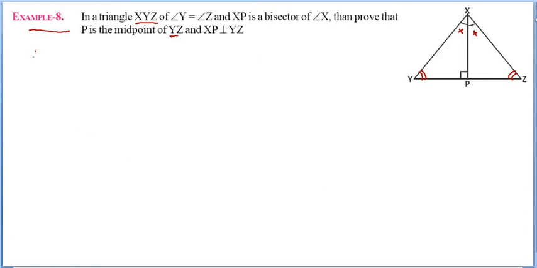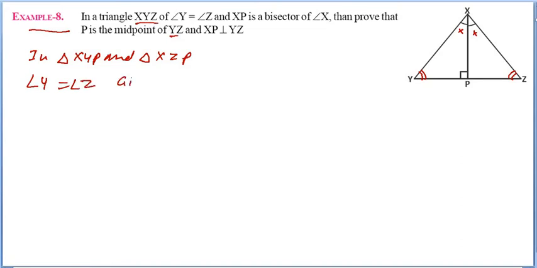So you can take triangle XYP and triangle XZP. दो angles equal हैं इसके. First one is angle Y is equal to angle Z. It is given.